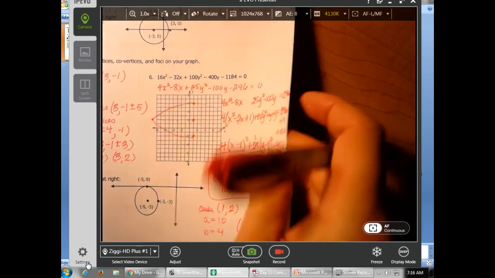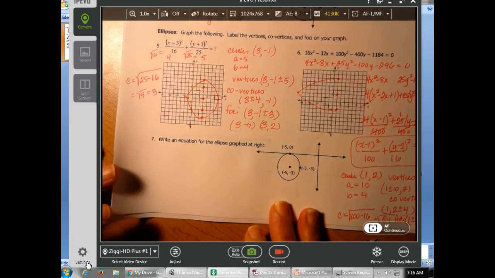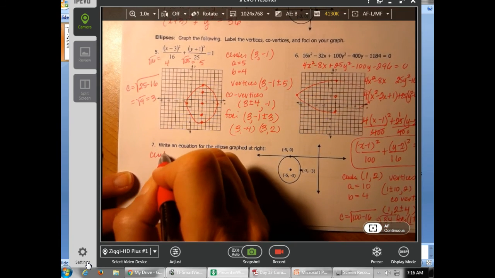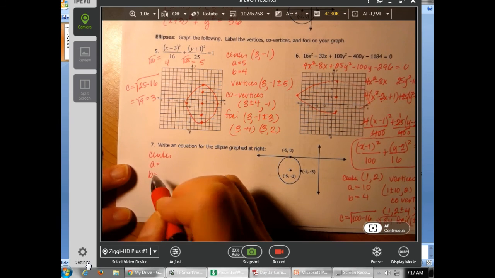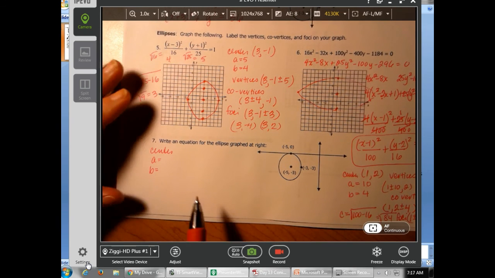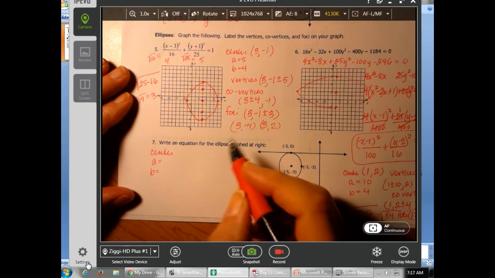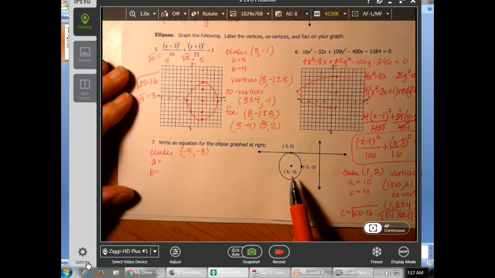So the last one here, number 7, is write an equation of the ellipse graphed at the right. So I need my center, I need my A and my B, and sometimes I have to actually use my C here as well, but let's just see what we have. So my center is -5, -3. So that's easy enough.